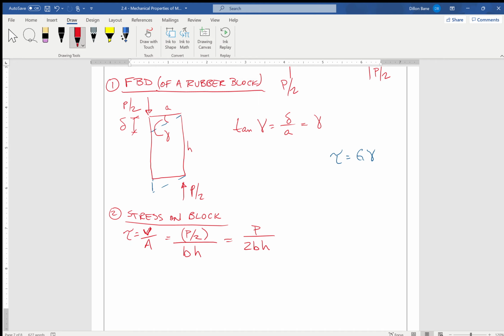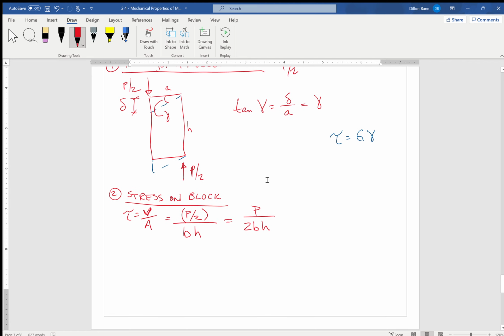So at this point, we have everything we need to know, and we just apply Hooke's law. We know our strain and we know our stress, so we can apply Hooke's law and solve for the variables that we're looking for. So step 3, apply Hooke's law. And what we get is that tau is equal to G gamma.